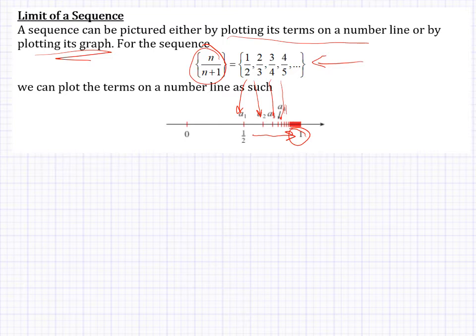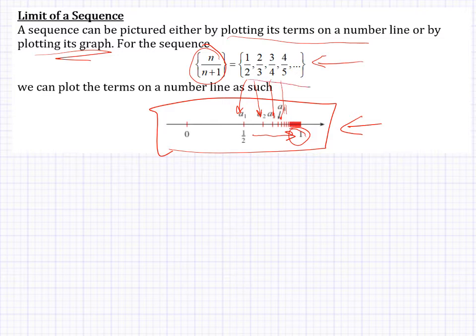And that's in fact what's happening here. Now, this in no way is a proof that the sequence is approaching 1, but this is a good way to get an understanding of what's happening with the terms of the sequence and to get an idea of what the sequence could be approaching. So plotting it on a number line is one way to do that, but sometimes it will require you to actually plot a lot of terms to get an idea of what's happening.